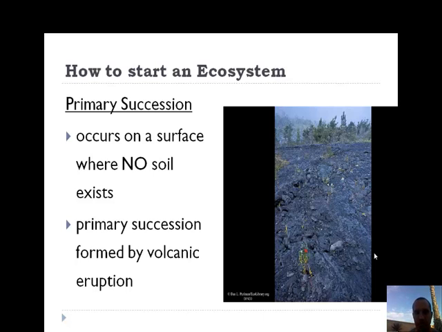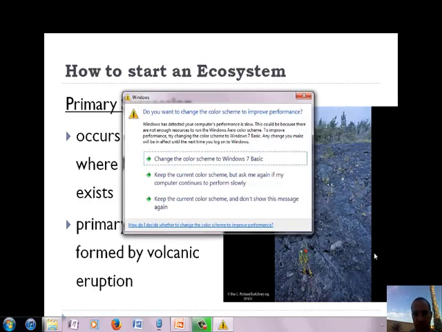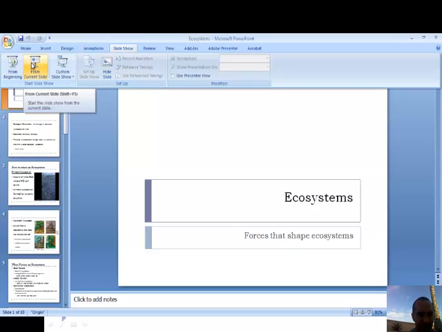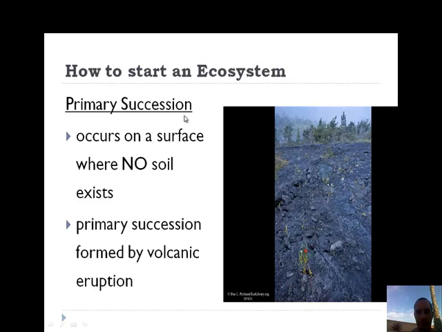So the very first one, if we were to fly over to Hawaii, there's an active volcano on the Big Island where primary succession is happening.